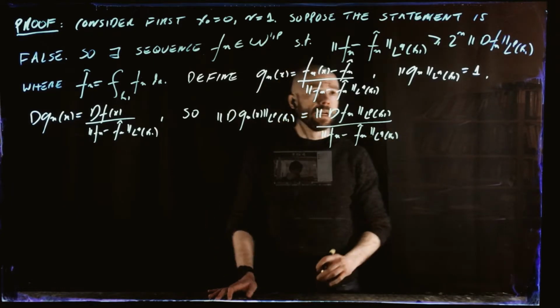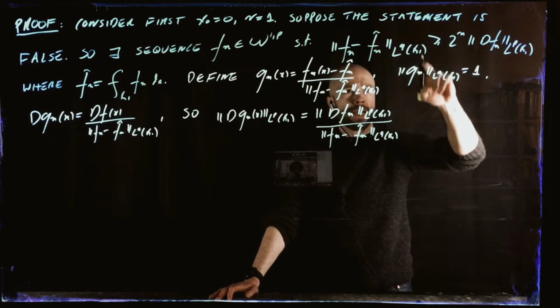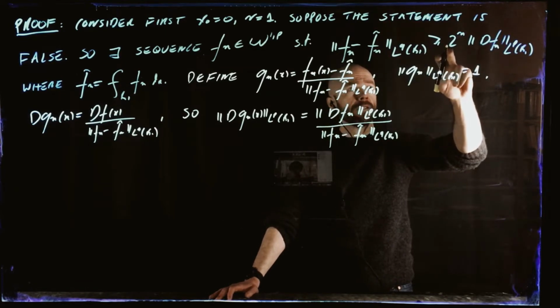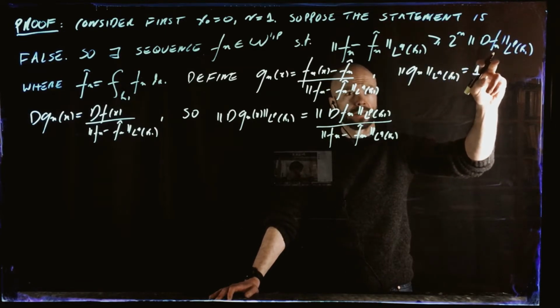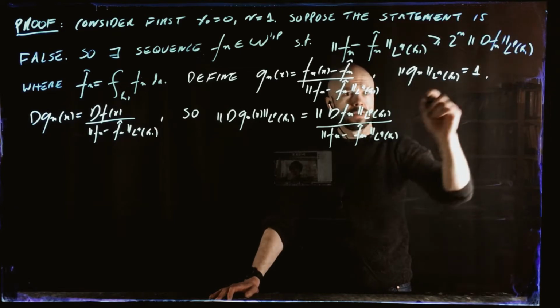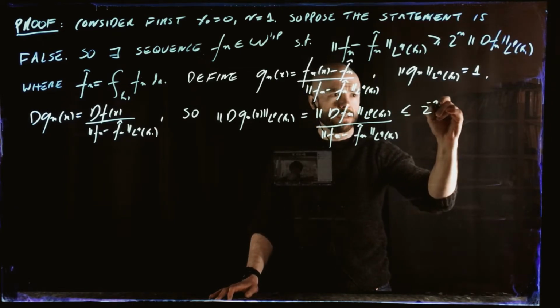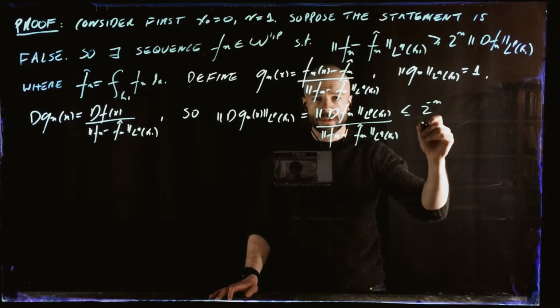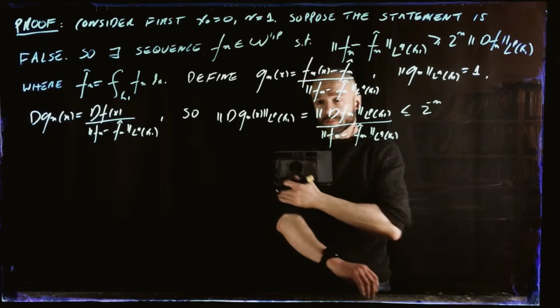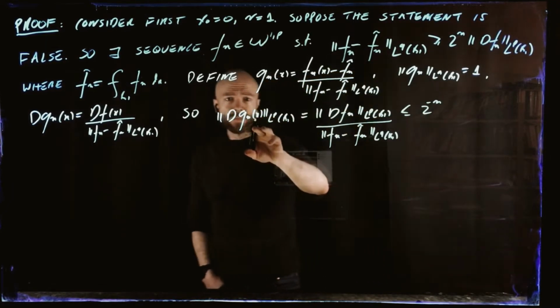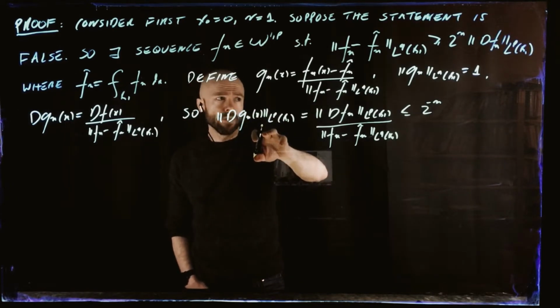And we have, by assumption, that this guy is bigger than 2 to the n of this guy. So in particular, this thing is less than 2 to the minus n. Cool. So we have a sequence of functions whose gradient is controlled, right?